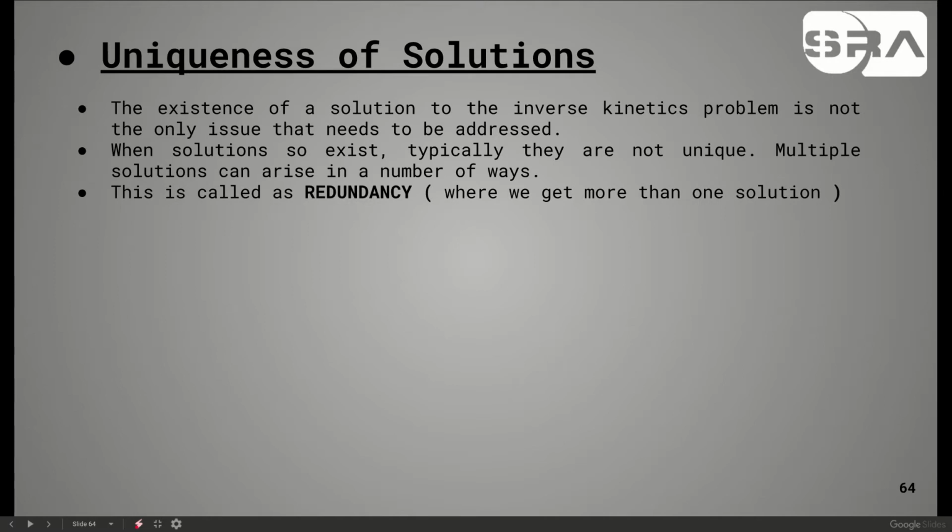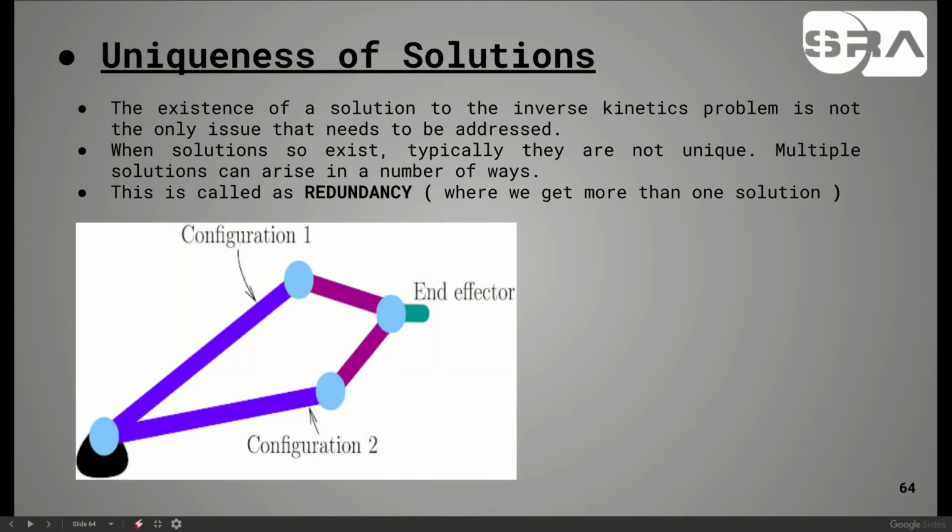And one thing to note is that with increasing degrees of freedom, the more complex the robot is, the more redundancy there will be, and the more multiple solutions we will get. So this is a diagram for it. Redundancy: the same position, the same problem has 2 solutions here, 2 configurations.